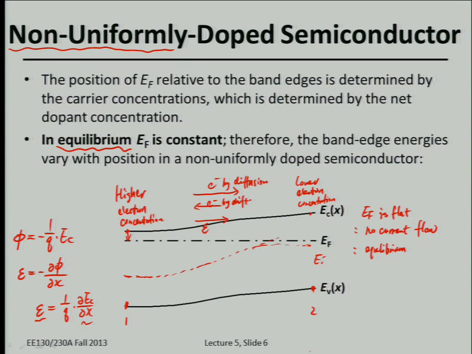Right now, under an equilibrium state, when my Fermi level is flat, I have a semiconductor bar without any current flow, and that semiconductor is not uniformly doped. Then it turns out my diffusion current counteracts my drift current.